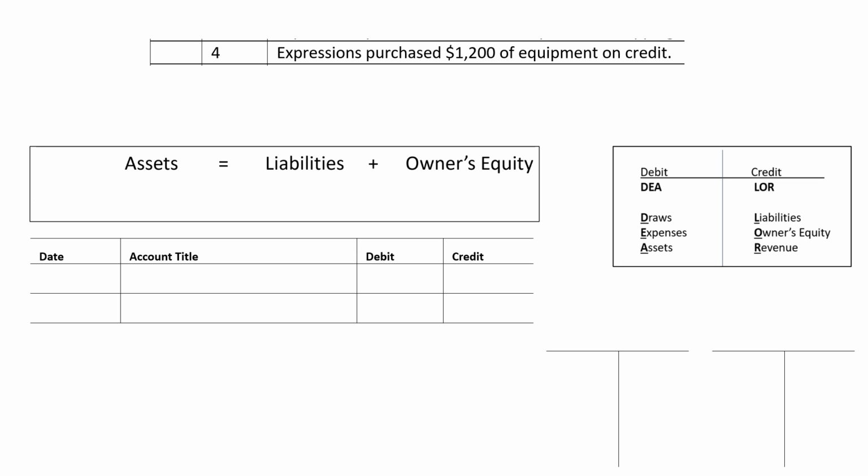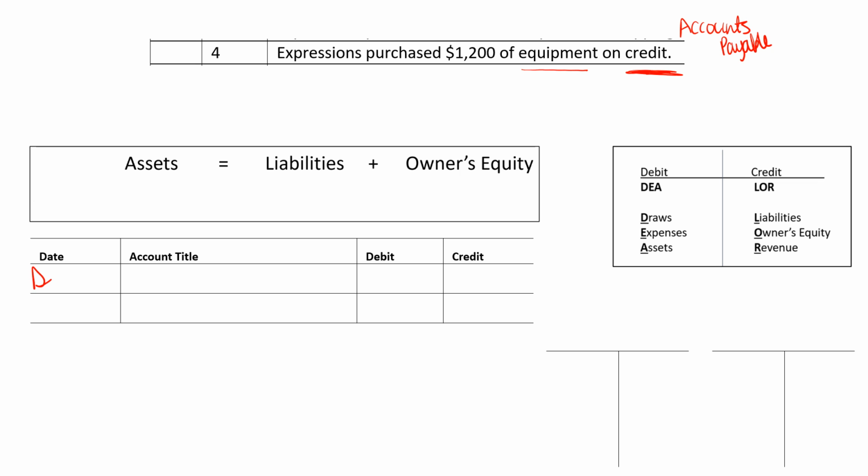December 4th, Expressions purchased $1,200 of equipment on credit. So equipment and purchasing something on credit means that you're not paying cash for it. So we're not having cash involved in this. Instead, we will use accounts payable. And that will give us a record of what we owe to pay out cash later.